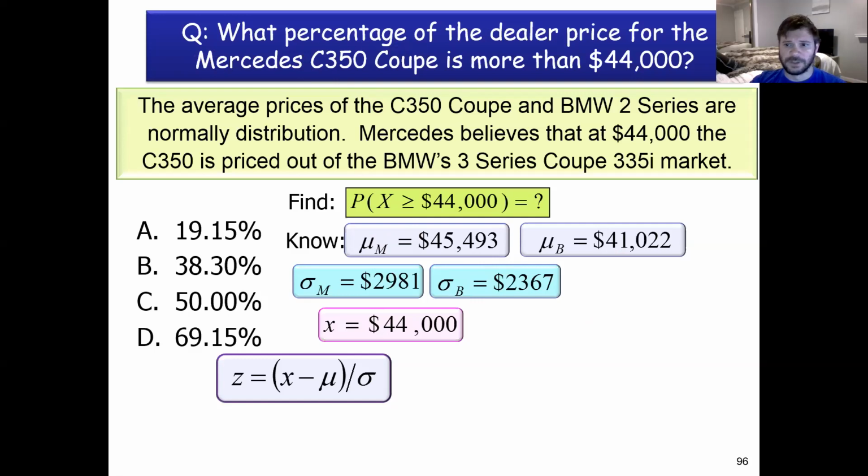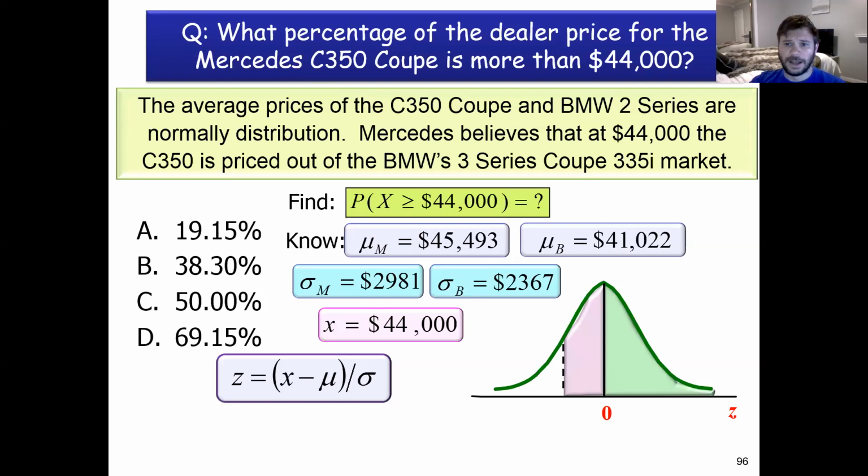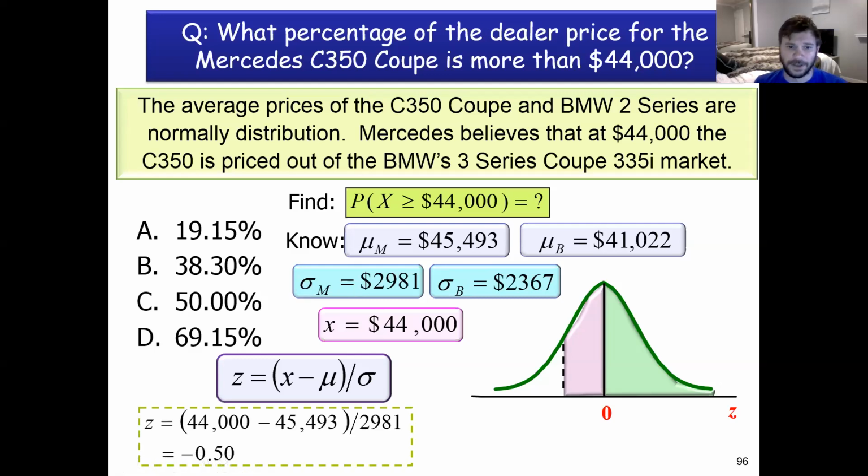The first thing we're going to have to do is convert X into a Z value. Again, I think it's always useful to draw our picture here. And since we're using the Mercedes distribution, I want to make sure I'm using the mean and the standard deviation that correspond to the Mercedes distribution when I'm standardizing that Z value. Otherwise, I'm going to get the wrong answer.